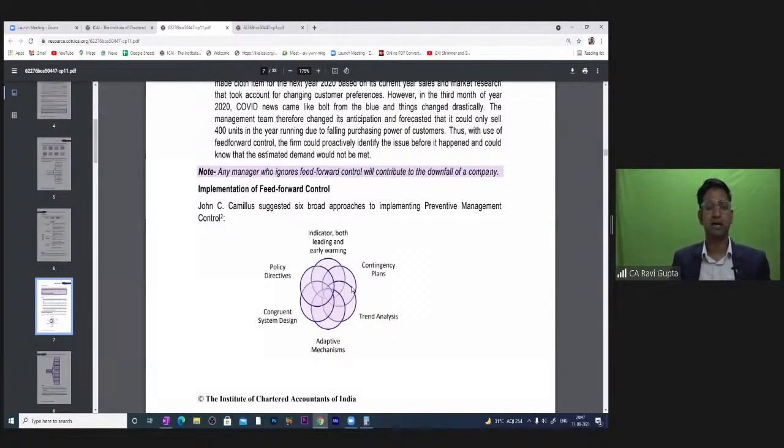Then we must have a contingencies plan. What is a contingencies plan? For example, if suddenly there is a strike in some other state and we have to procure the raw material, we must have a contingencies plan, that either we could procure from our peer companies, from our sister concerns or some other divisions or units, so that we can procure the material in order to continue our production.